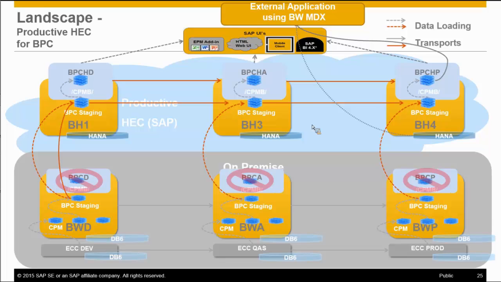So they have the staging layers connected to the on-premise system. All the BPC staging and the preparation is still happening on the on-premise BWs, and then we use that data to load it onto the BPC environments in HEC and running on HANA.